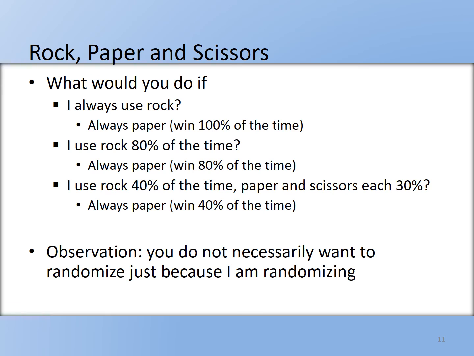So the key observation here is that for you to randomize, I must be randomizing in a particular way. And this is the key to how we figure out the numbers in the solution. For you to randomize, I have to be randomizing in a particular way.